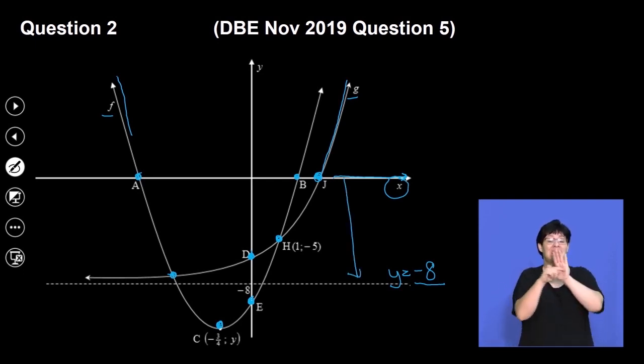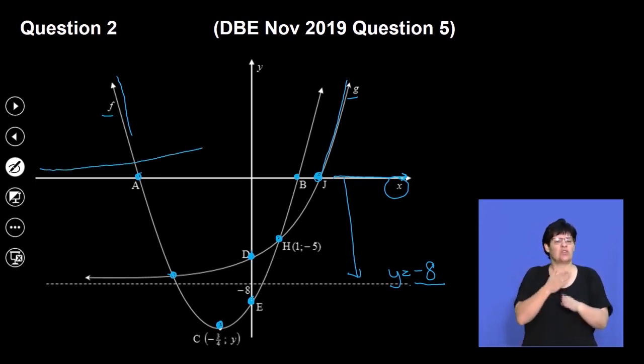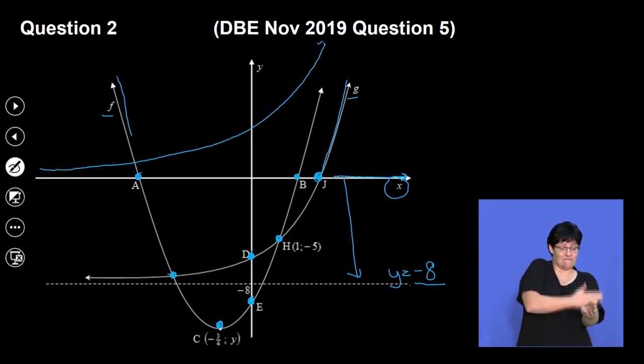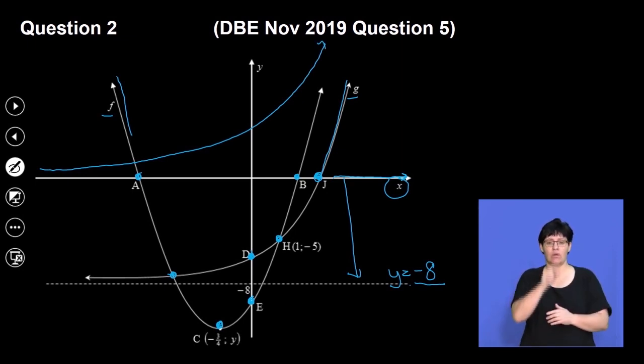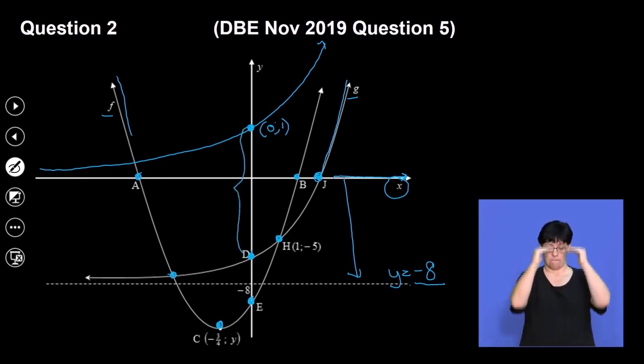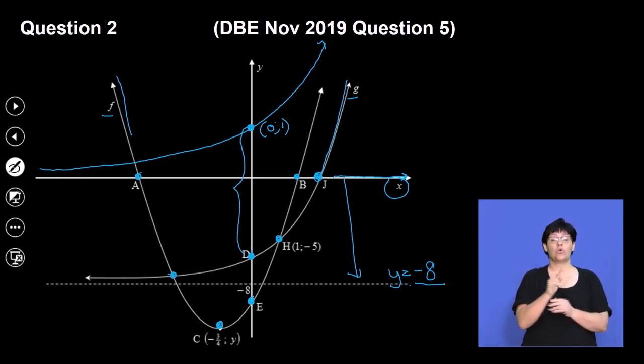So if we think about what this exponential function would have looked like before it was translated down, it would have gone through 1 on the y-axis, which has the coordinates 0, 1. Because the whole function has been translated down by 8 units, this y-intercept has also been moved down by 8 units.